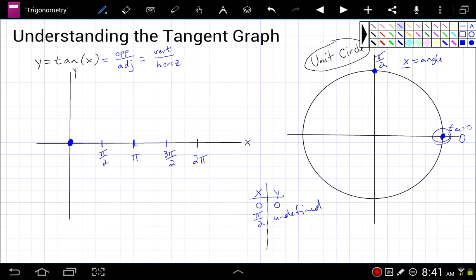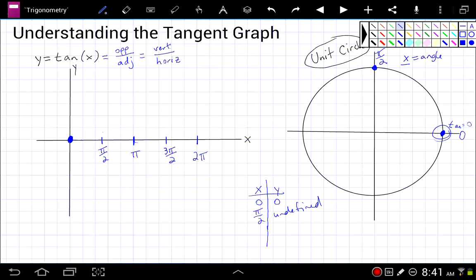Alright, so the tangent of pi over 2 is undefined. So we can't plot anything on our graph there, but we could indicate that, as commonly done, by marking pi over 2 as territory that we can't touch. So I'll do that with this dashed line. Okay, now what I want to do is observe the behavior whenever our angle is between 0 and pi over 2. So let's look at an angle that's really close to 0.